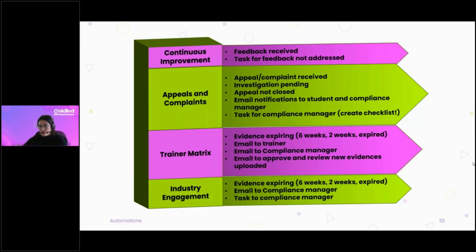Probably what you want to review too is what period those are sent. You can see these have like 6 weeks, 2 weeks when they're expired. You might want reminders much earlier than that, so you've got more time to get on top of them. You might not need as many reminders, so you might only want to activate 1 or 2. It'll be up to you what you ultimately turn on, but there'll be a template there for all of those items.